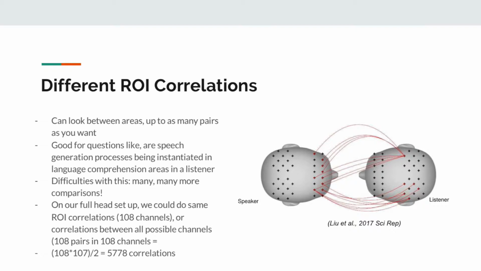If we were doing any ROI to any ROI, that would be looking at 108 pairs of channels for each of the 108 channels, and that means there'd be something like almost 6,000 correlations to consider, and so that becomes a very expansive and potentially troublesome multiple comparison problem.